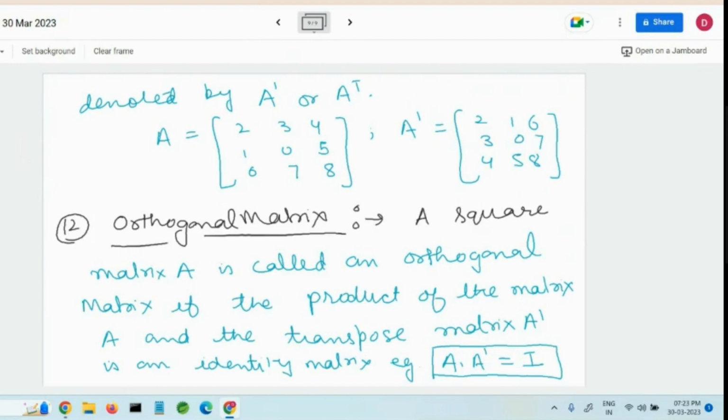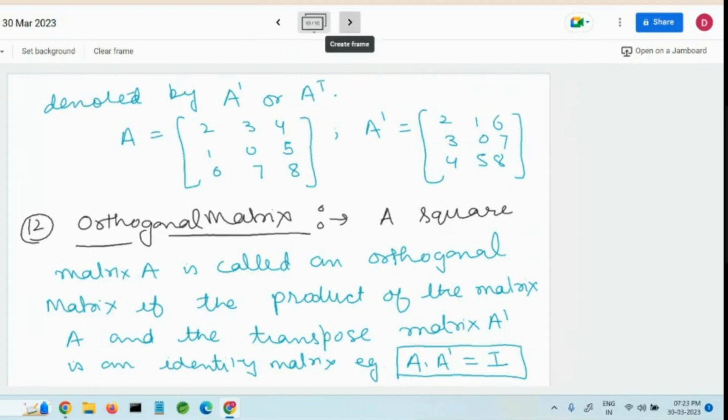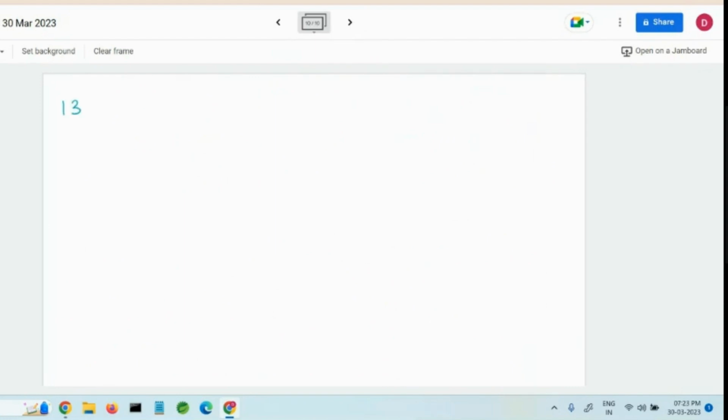One matrix is left, that is the identity matrix. So we are going to do the identity matrix first. What is an identity matrix?